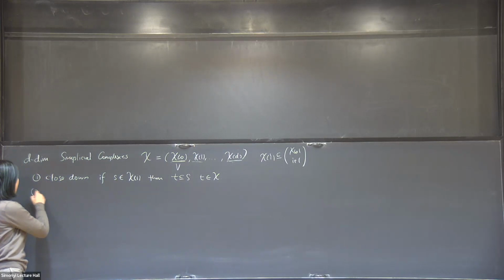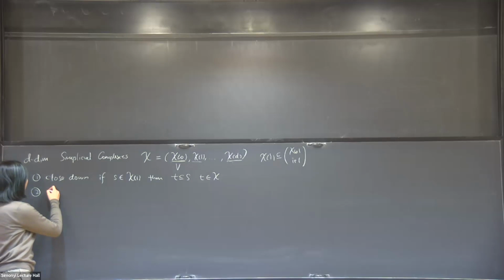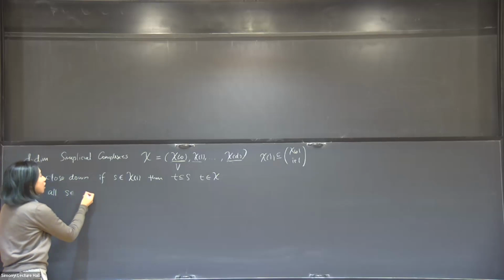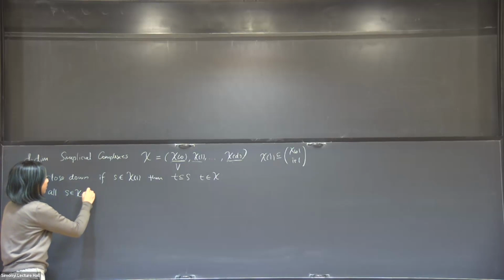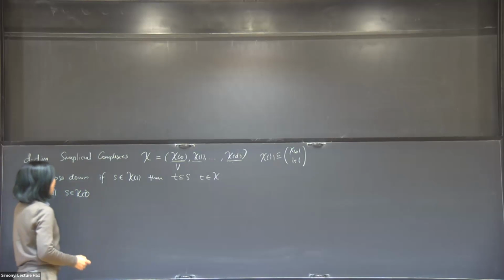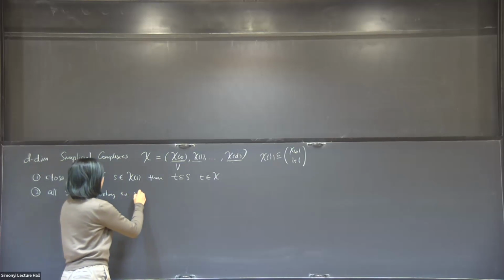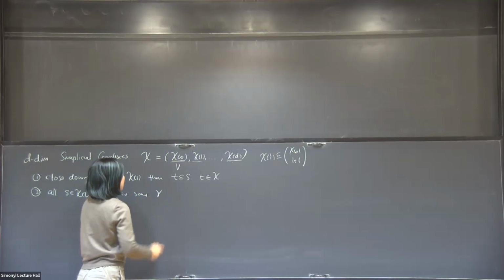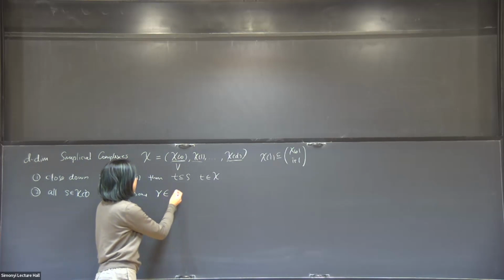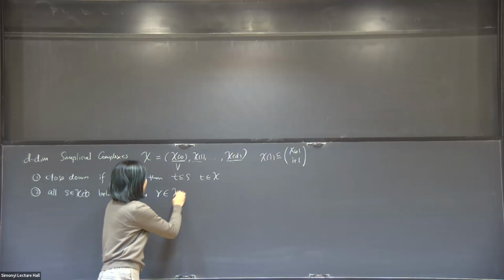And the second thing, which I think sometimes we just assume, but maybe it's better to spell out here, is that all I faces belong to some face R that's inside chi.